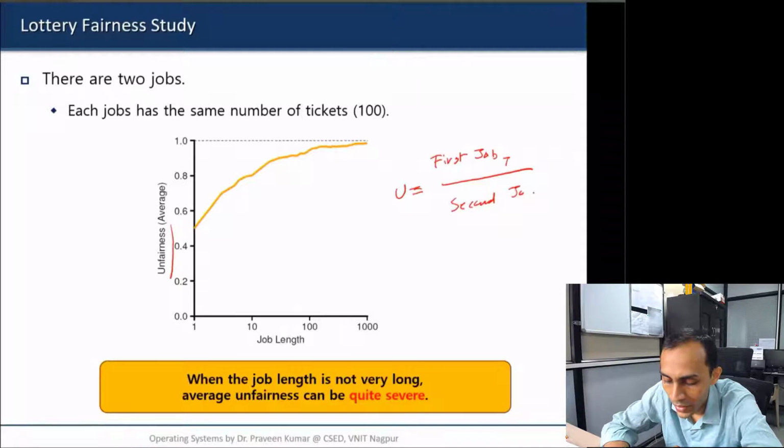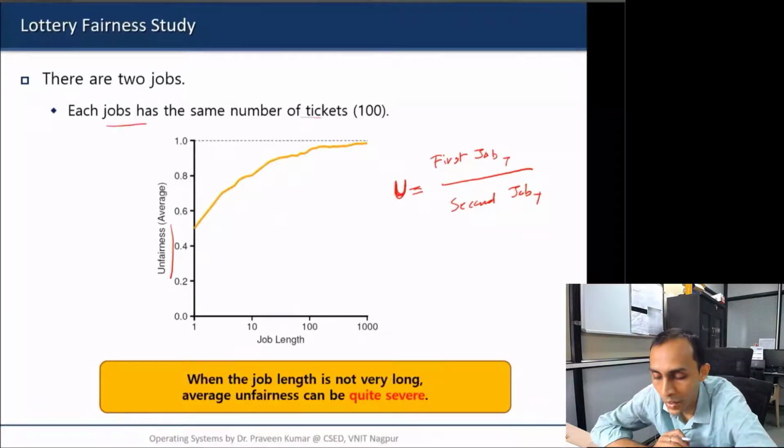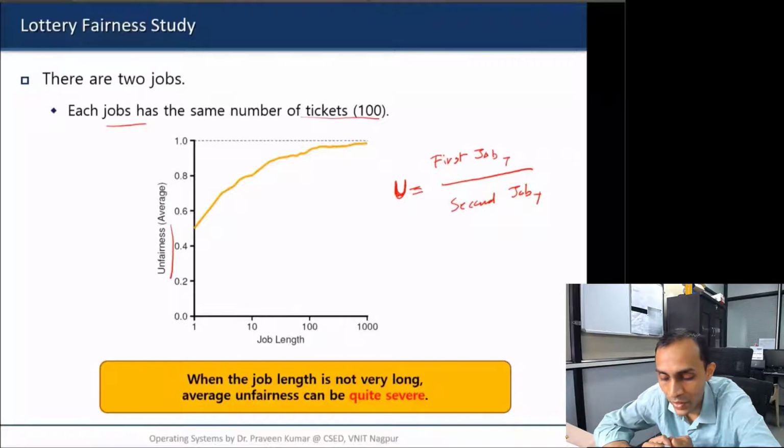Let us say there are two jobs, both with the same number of tickets, so both should ideally finish at almost the same time. In that case, this unfairness metric should be equal to 1 or near 1. So if the algorithm is fair enough, it should reach the value 1.